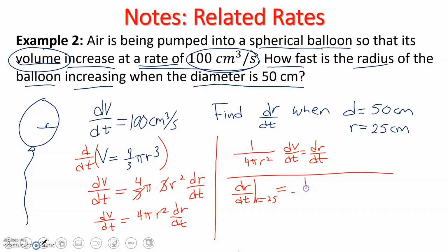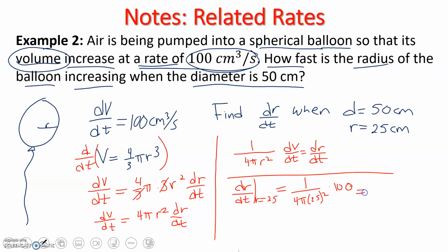So this is 1 over 4 pi times 25 squared, times dV/dt, which is 100 cubic centimeters per second.